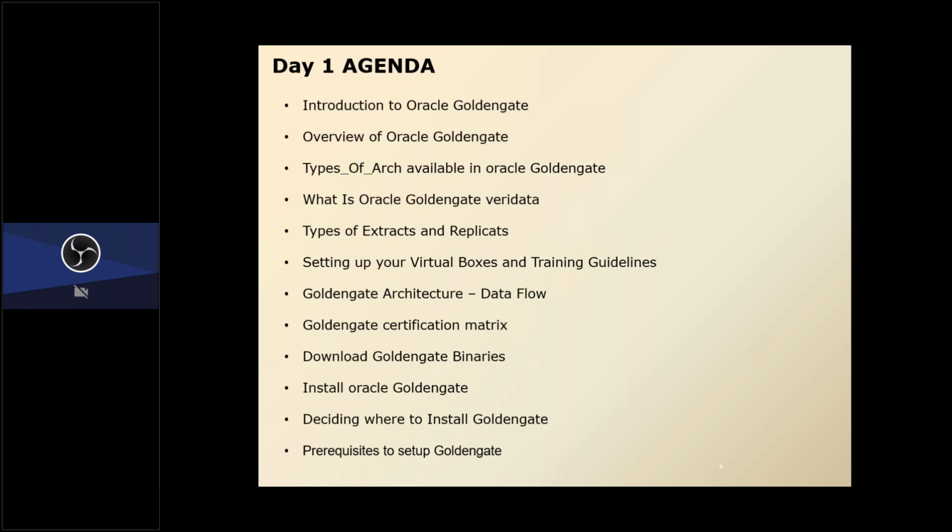Then we'll be setting up VirtualBox and training guidelines. Then we'll discuss Goldengate architecture, how data flows, how to check the Goldengate certification matrix, how to download and install Goldengate, and deciding where to install Goldengate. This is another very important part, where you have to decide where you want to install Oracle Goldengate. We'll also discuss the prerequisites to set up Oracle Goldengate.